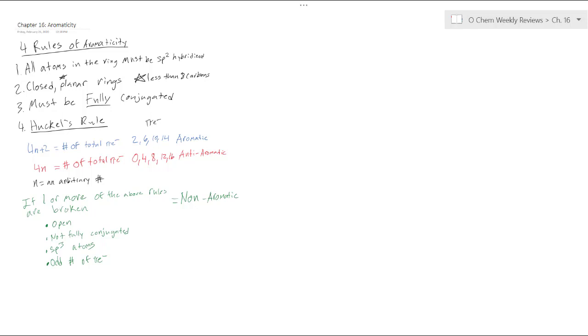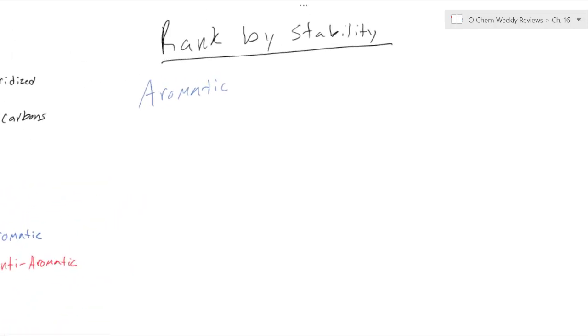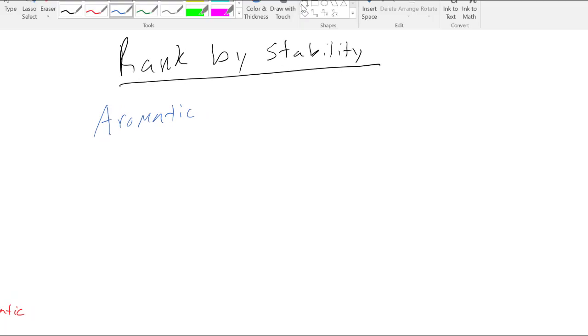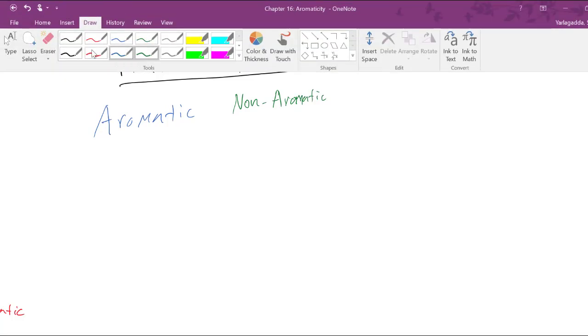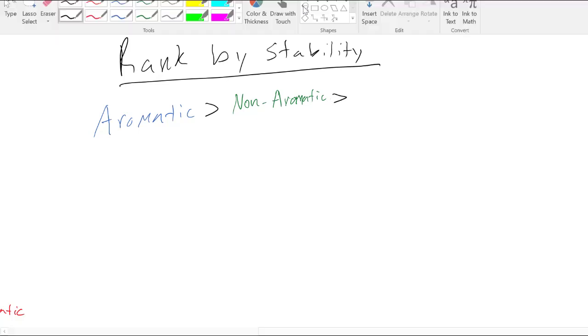Alright, so if we were to rank by stability, the order would be aromatic, non-aromatic, and lastly, anti-aromatic.